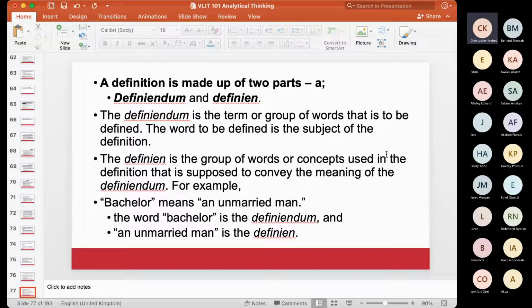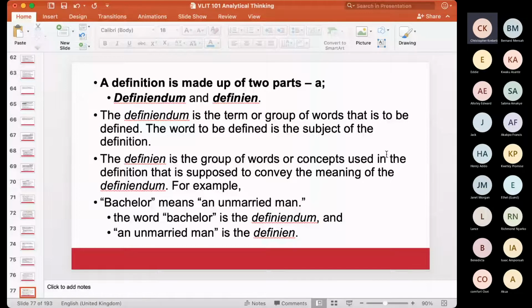So the definien is the group of words or concepts used in the definition that is supposed to convey the meaning of the definiendum. For example, bachelor. Bachelor means an unmarried man. The word bachelor is the definiendum. That is the part to be defined.